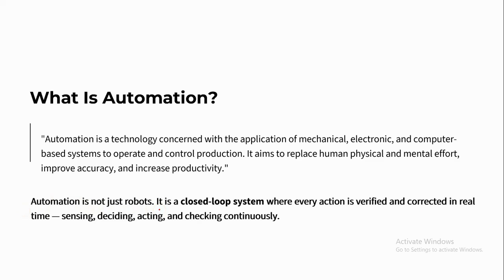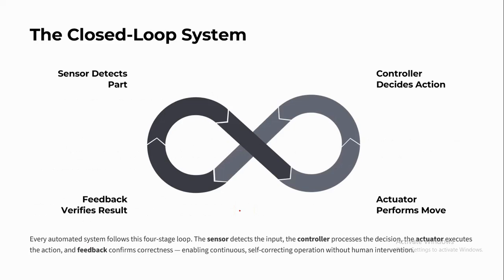It can be a closed loop system where every action is verified and corrected in real time: sensing, deciding, acting and checking continuously. Next, what is a closed loop system? Here you can see the sensor is the first part. This sensor will detect the parts or any input.